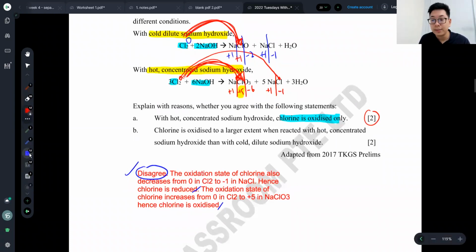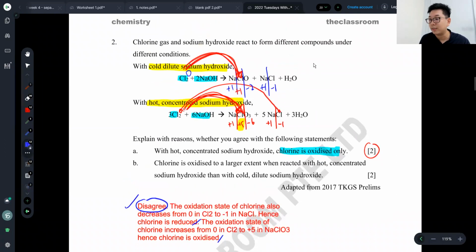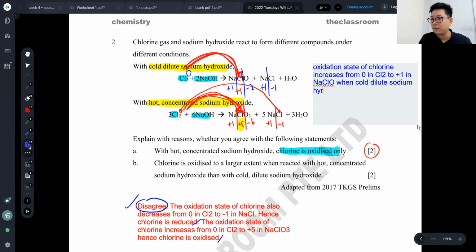How do you put that into words? Let me type it out here so we can see. Part B. Oxidation state of chlorine increases from 0 in Cl2 to plus 1 in NaClO when cold dilute sodium hydroxide is used.